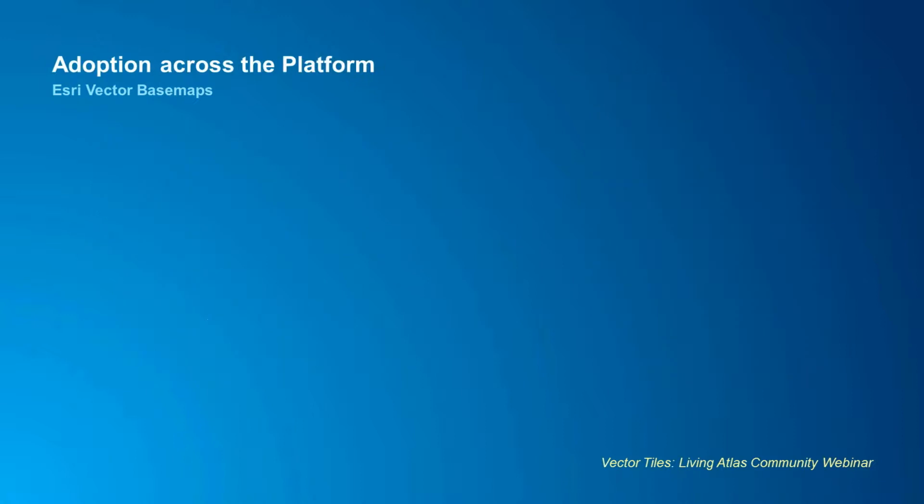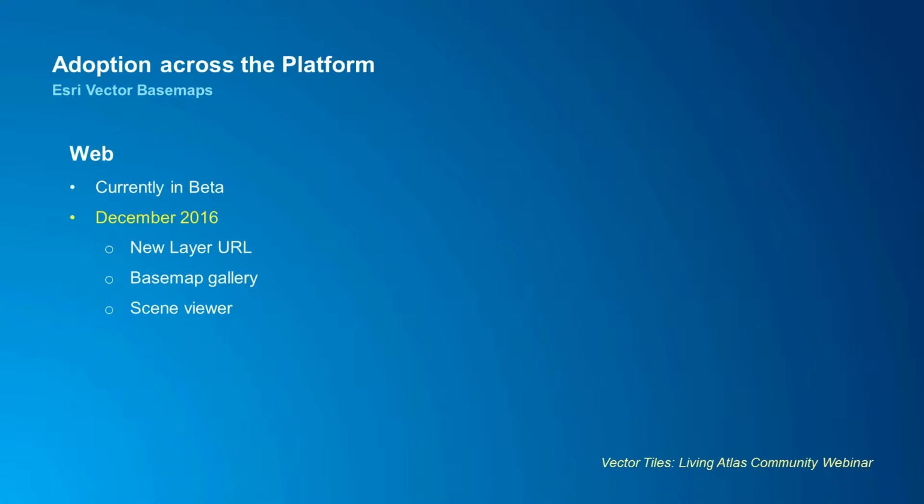Adoption of the Esri vector basemaps across the platform. Much of what I've talked about has been directly related to the web, ArcGIS Online. We are currently in beta, and our plan is to exit beta in December of this year. It'll have the new URL. You'll be able to access it through the basemap gallery, as well as using the vector basemaps in Scene Viewer. For Portal, the plans are for 2017 for version 10.5.1 to consume the vector basemaps.